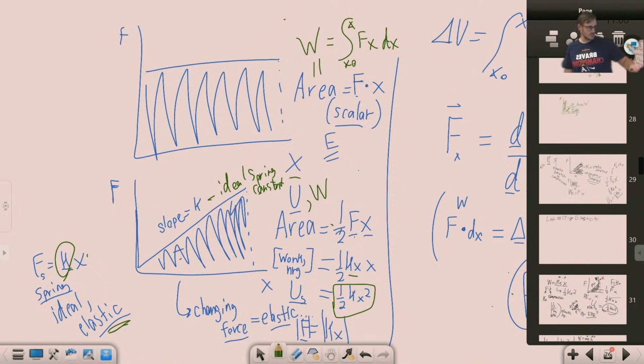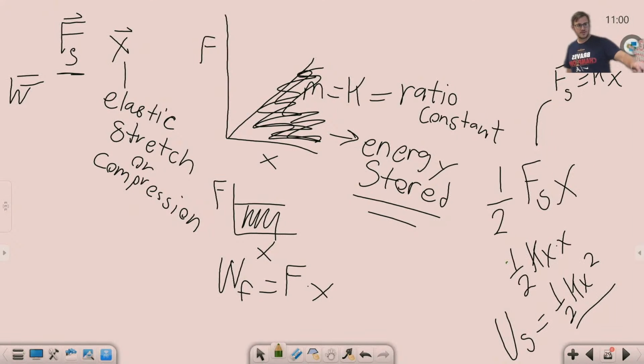Paint that picture a little more carefully here. K is the constant. Force Fs is Kx. 1/2 Kx squared. That means there's a change in energy equal to 1/2 Kx squared, which means if we stretch something a certain distance, based on the K, there would be stored energy.